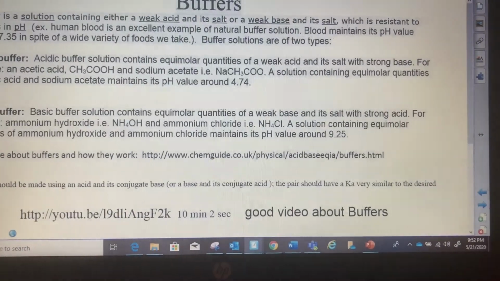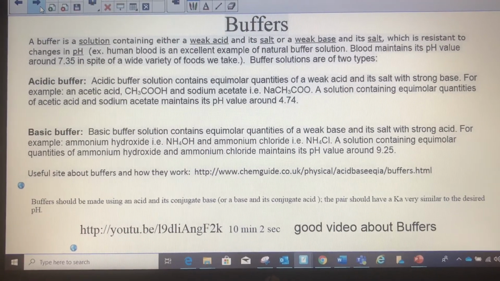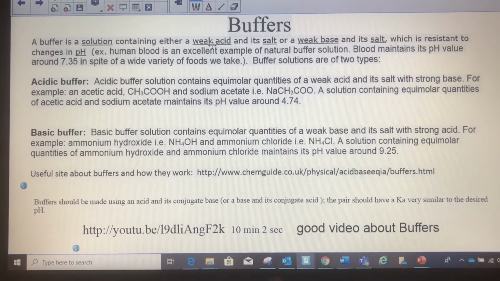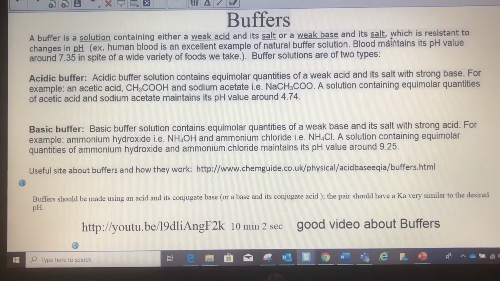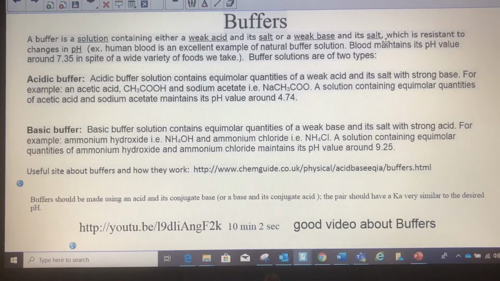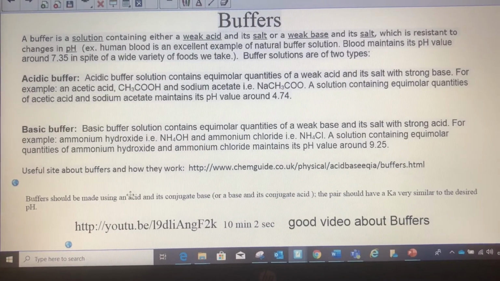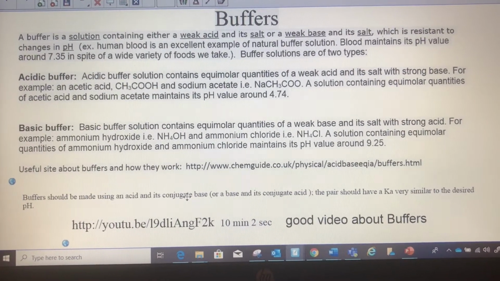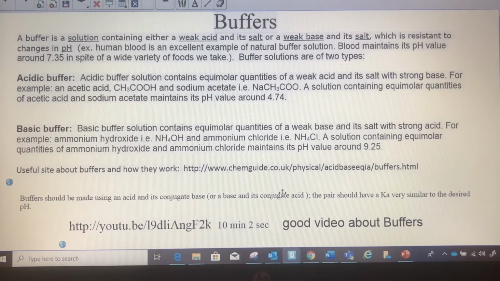Today's lesson is all about buffers. Buffers are solutions that are made of weak acids and their salts, or weak bases and their salts. Now, I personally find it a little bit easier to explain a buffer as being a substance made of an acid and its conjugate base, or a base and its conjugate acid.